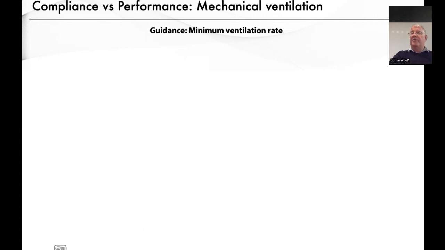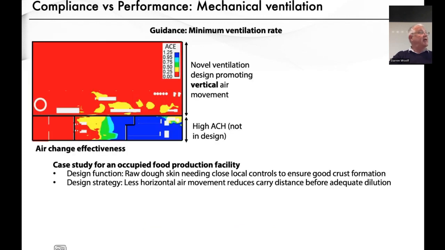Mechanical ventilation, quite often we define a mechanical ventilation rate. This is a slice through a building that was a food production facility, raw dough, wanting to have a good crust formation. The idea was for less horizontal air movement, carry distance before adequate dilution.